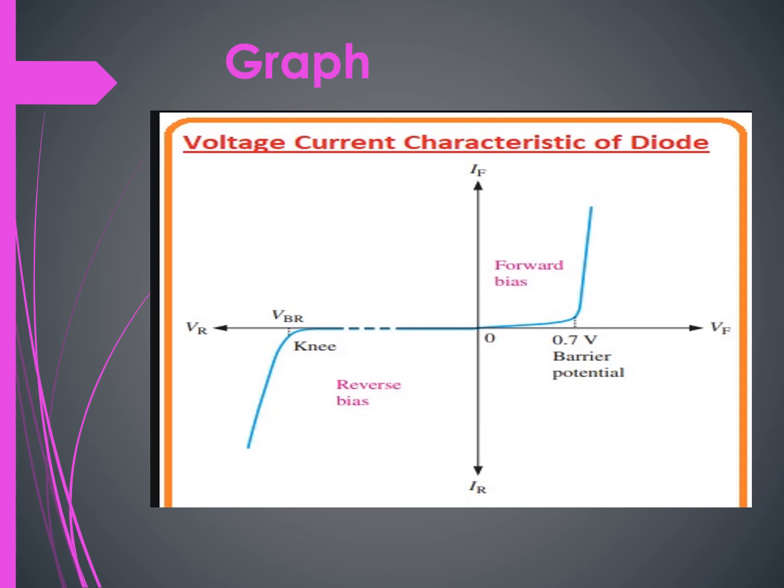For example, if I take a silicon and do this experiment, then I will find that when the 0.7 volt comes, from there onwards, that is the breakdown voltage. What happens over there is that with a small change in the voltage, a huge amount of current is seen, a huge amount of current is passed.